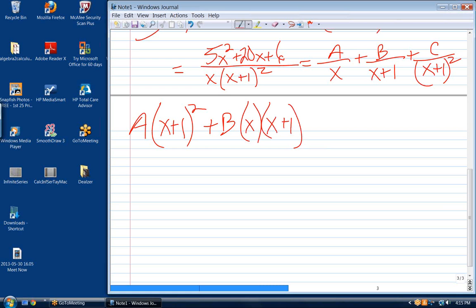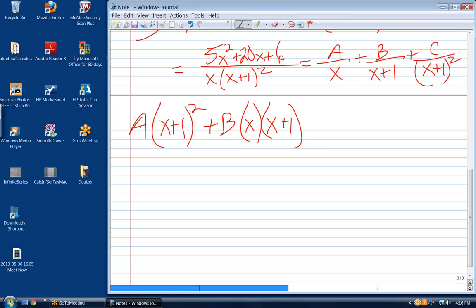Hold on, let's see. Would the A be times x plus 1 cubed? No, because notice that if we had to find a common denominator here, it would not be the product of these three denominators. It would merely be x times x plus 1 squared. So that's our common denominator, and that's what we have to multiply both terms by.